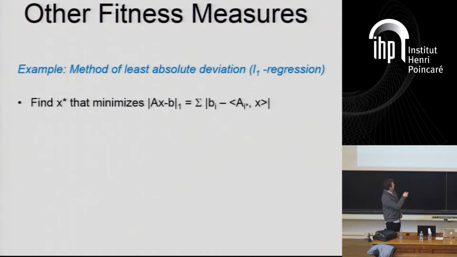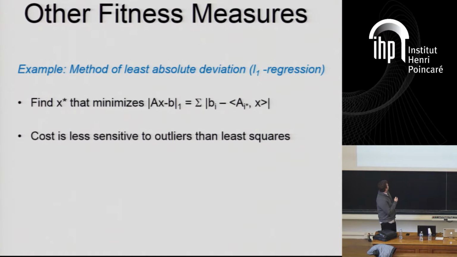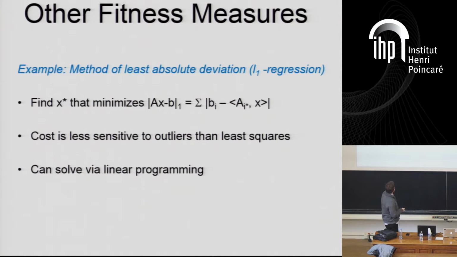Okay, the sum over the n coordinates of the absolute value of b_i minus the ith row of A and x, as opposed to the squared value. Because of that, it's often less sensitive to outliers than least squares. If I have one very large value of b_i, I'm not trying to fit it as much with my choice of x because I'm not squaring the distance. So maybe I can capture more of the remaining coordinates. So it's more robust in that sense.